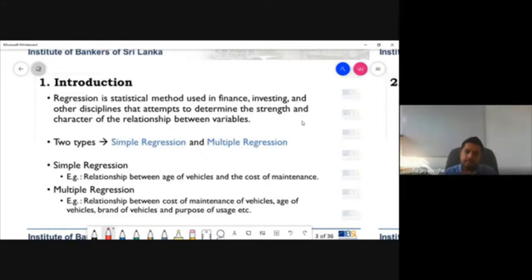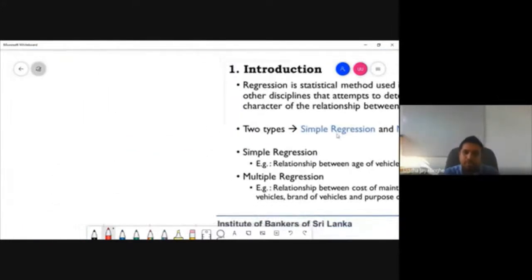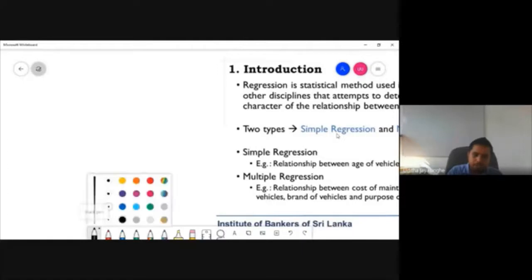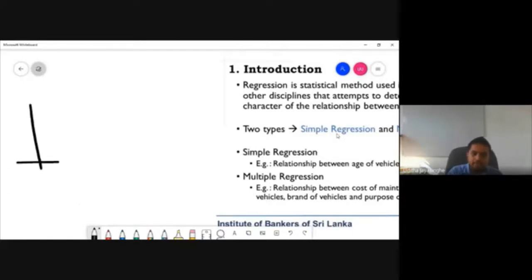So what does a scatter diagram tell you? In simple form, if I just draw one for your purview, it is going to tell you a relationship of two variables. So let's say you have two axes like this. We call this the x-axis and this the y-axis.